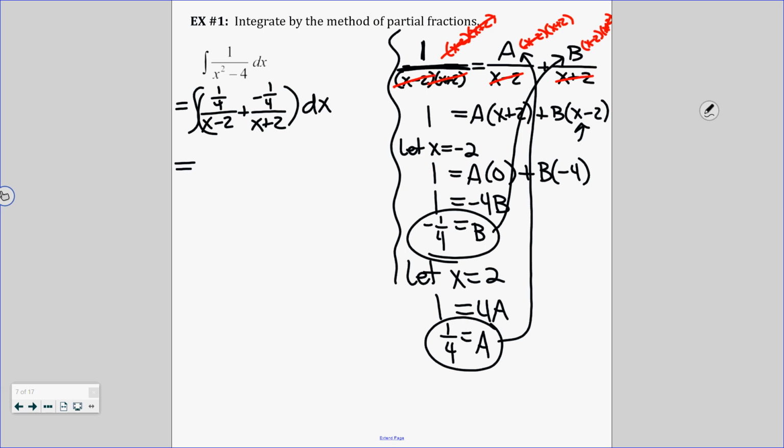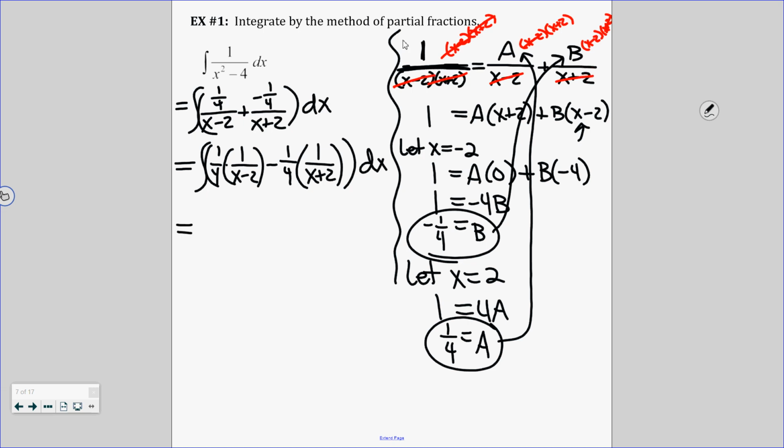Normally we would go straight to this step. I'm going to write it as 1/4 times 1 over x minus 2 minus 1/4 times 1 over x plus 2, so I'm not having to deal with a fraction over a fraction. You also could have put 1/4 all the way in front because it happened to be the same, but I'm going to leave it right here.